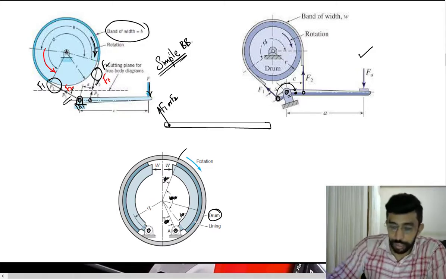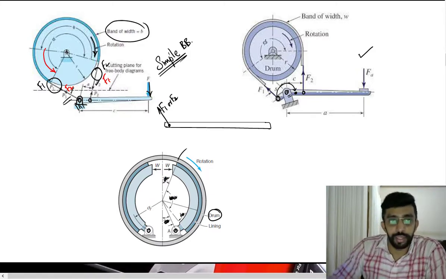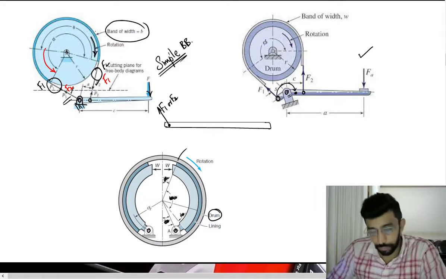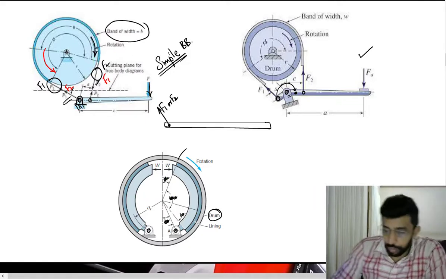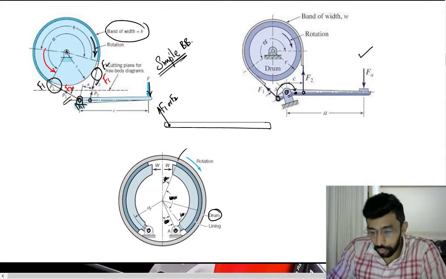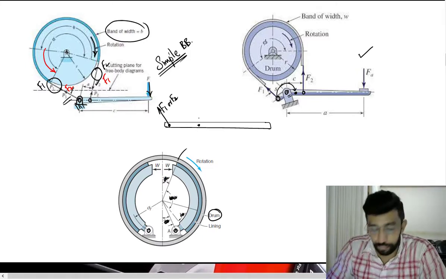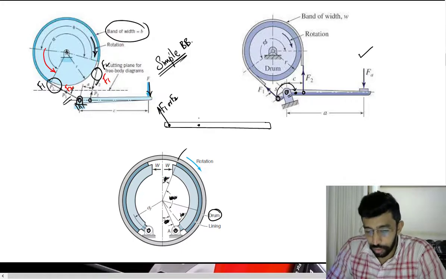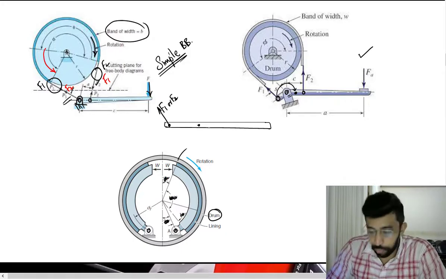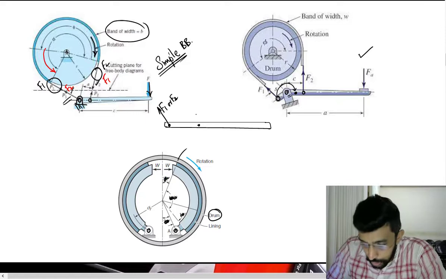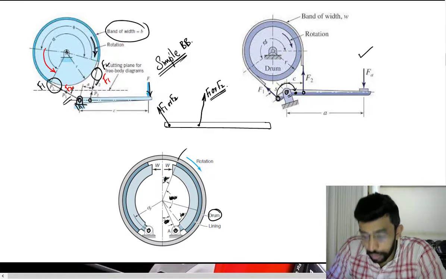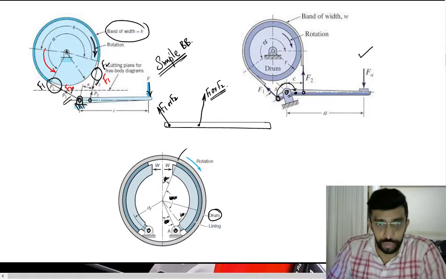So we can see how the slack side and tight side change based upon the direction of rotation. Based upon that, we have F1 or F2 here, and here we have the second point where the band is being connected. That is also named F1 or F2, purely based upon the direction of rotation.